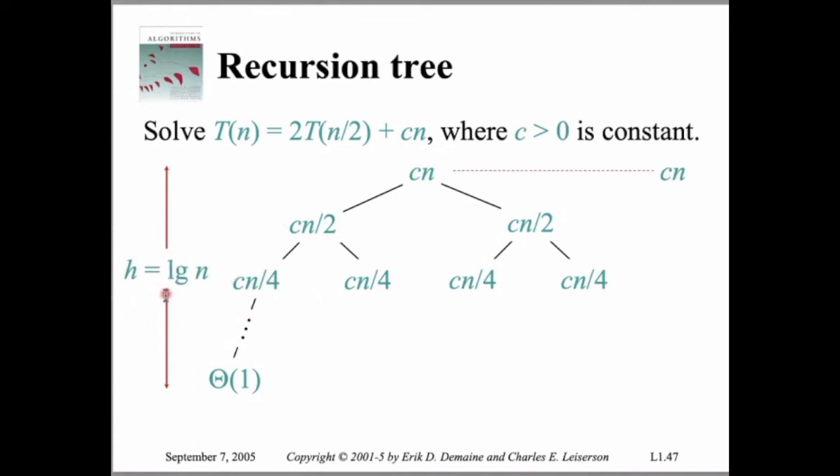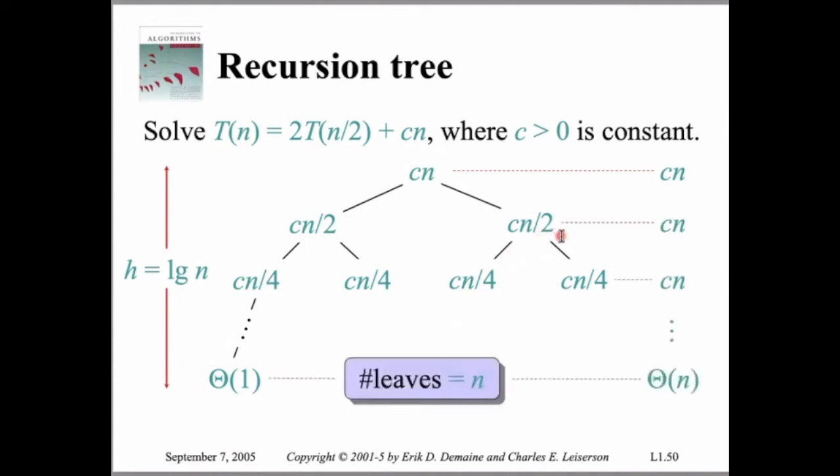What we can do next is to check ano ba yung sum per level ng tree. This is n. Cn over 2 plus Cn over 2 is Cn. We have Cn hanggang sa makarating tayo sa baba. Okay? This is actually theta of n na in Cn din, because this function is in theta of this g of n na n.